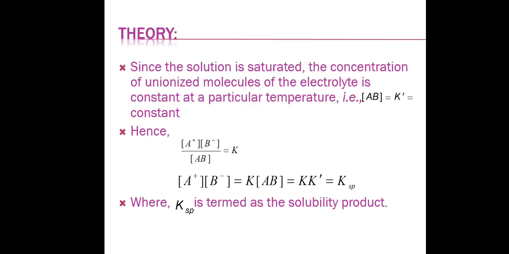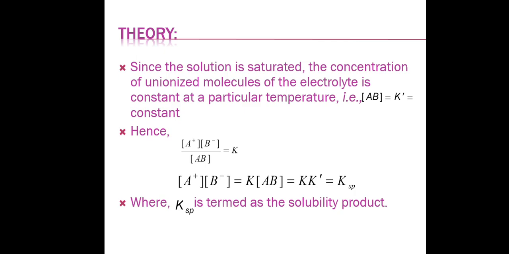As a result, the concentration of the unionized molecule will remain constant in a saturated solution. Since it remains constant, the concentration of AB can be taken as K dash, which is equal to a constant. Since the solution is saturated, the concentration of unionized molecule of the electrolyte is constant at a particular temperature. That is, the molar concentration of AB, in brackets, equals K dash, which is a constant.